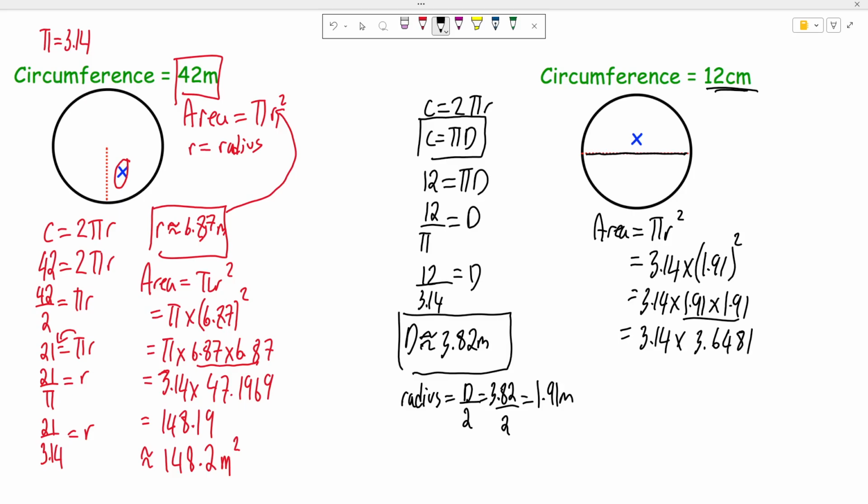Right, guys, 3.6481. Now, again, using the help of a calculator, we are going to get 11.45. If we just write the two decimal places and round it up to 1, we're going to get approximately 11.5 centimeter square. All right, guys, approximately 11.5 centimeter square.